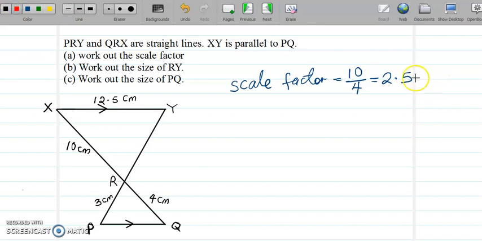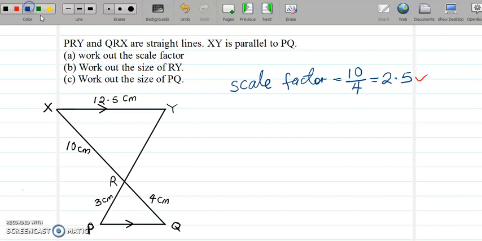Then next, we work out the size of RY. We know that this side corresponds to this side. If we want to enlarge the small side, we multiply it by the scale factor.